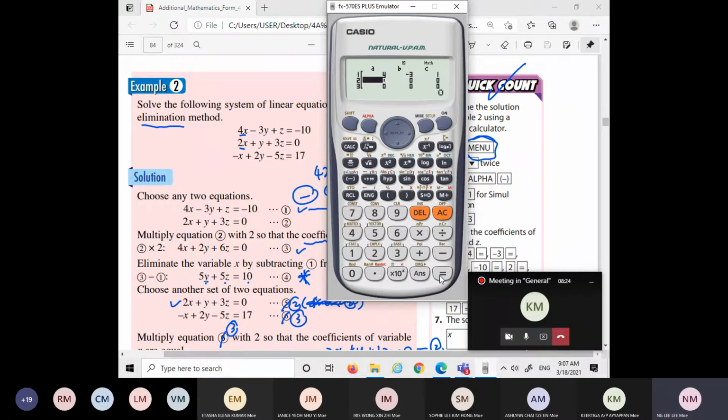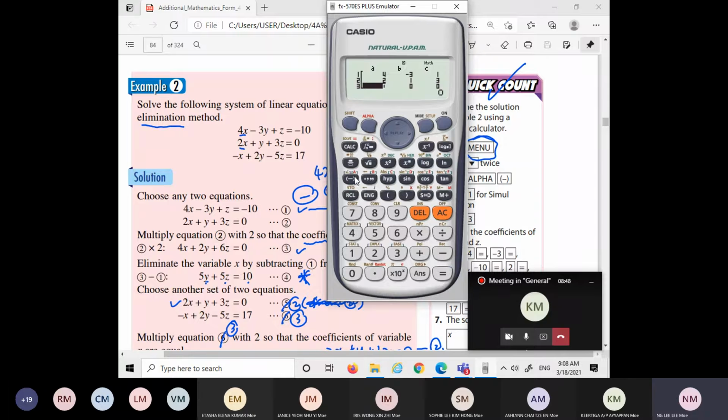Good. Then it comes down to the second equation. Same thing, the ABCD. So you just put in, following the ABCD, 3 and then 0. Then followed by the third equation.